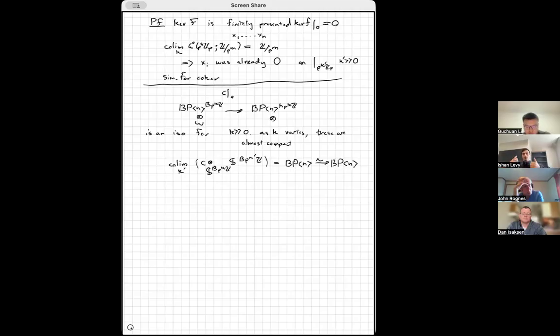So if you have two almost compact bounded modules and they become equivalent after some filtered colimit of base changes, then that had to also happen at some finite stage. And so what you learn is that this C tensored over S to the B P to the K Z with S B P to the K prime of Z is an isomorphism for K prime sufficiently large.